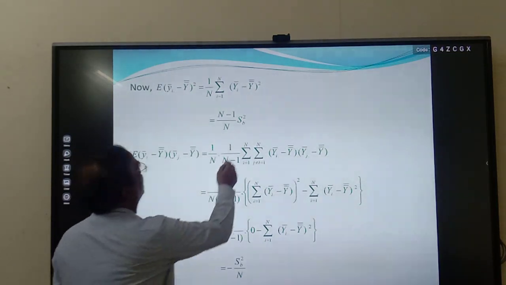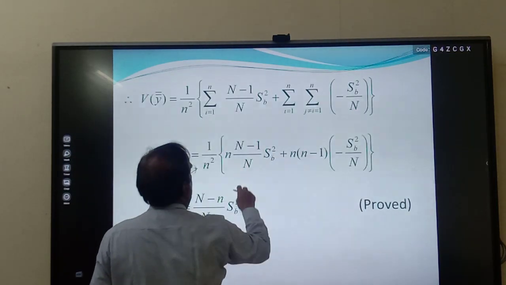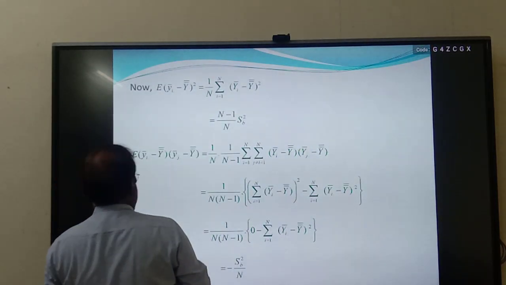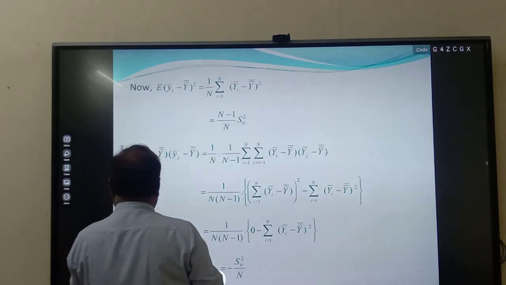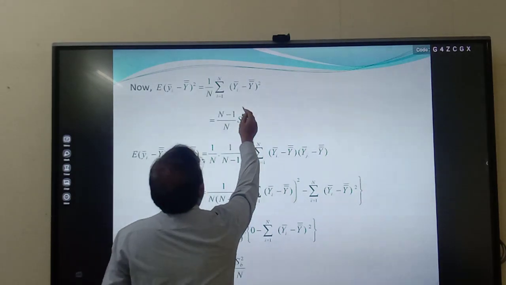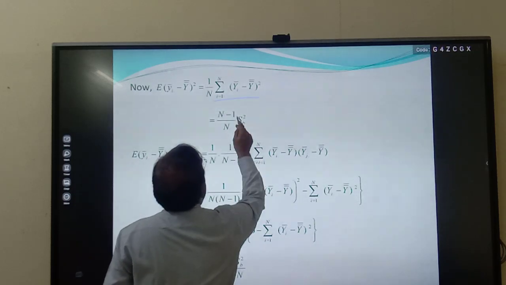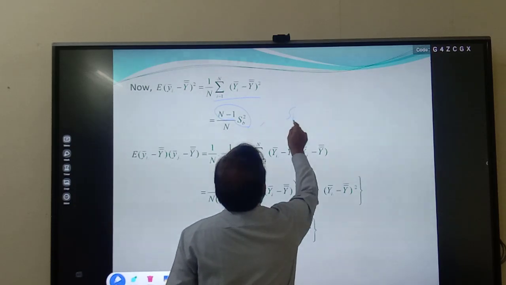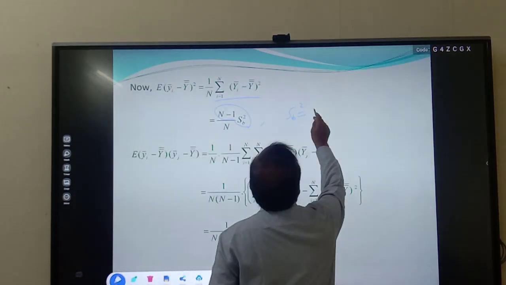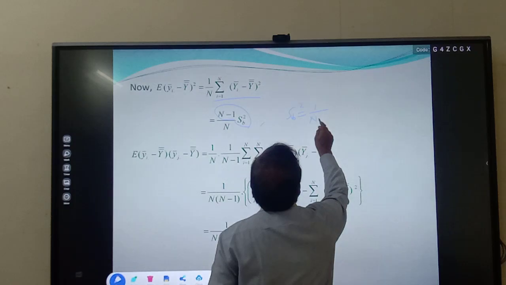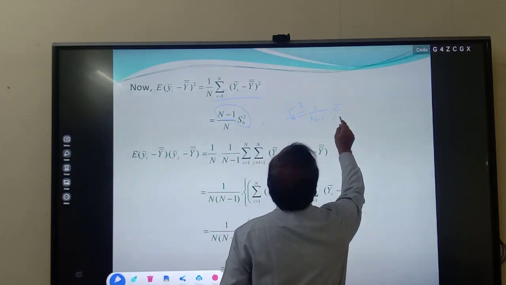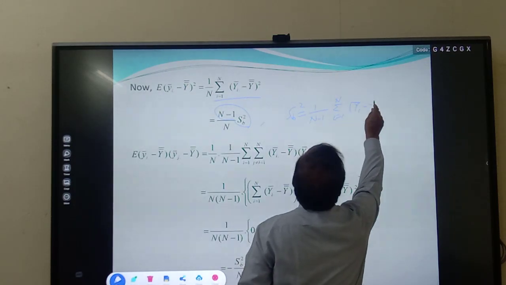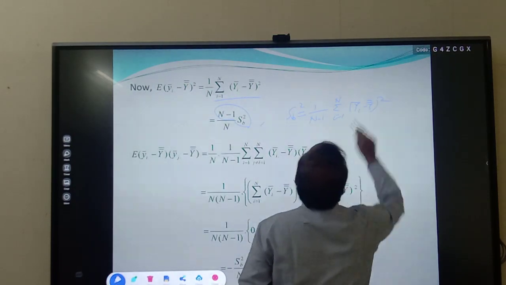We write this term as n minus 1 Sb square, because we have already defined that Sb square, which is the sum of squares between cluster means, is equal to this yi dot bar minus Y double bar, whole square.